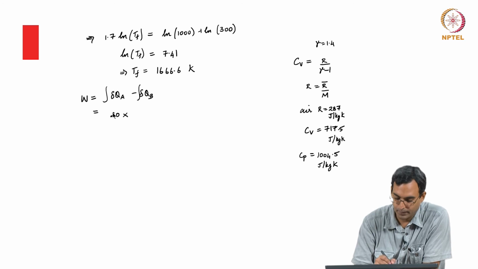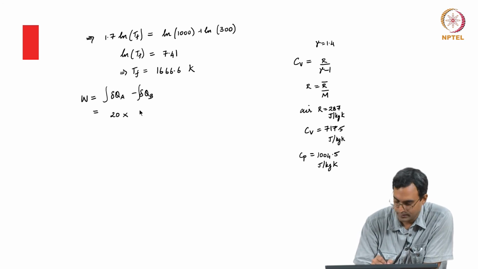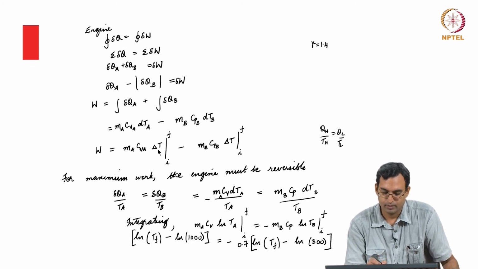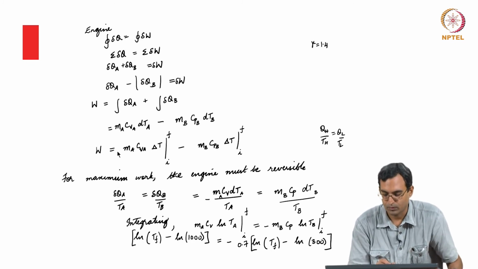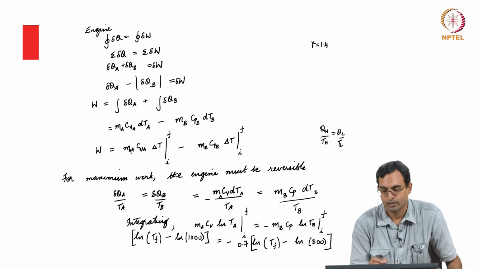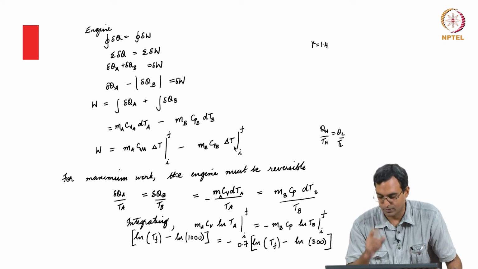So I have 20 into CV, this is m into CV into delta T. So if I wrote it in this fashion, this would be negative, and this would also be positive.